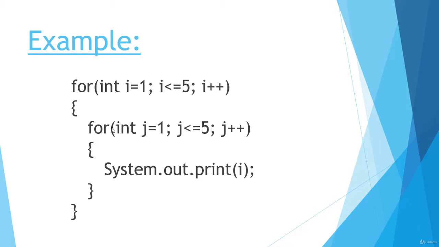And now 2 is less than or equal to 5, it comes again inside the loop and now it is going to print 2 five times. Again it goes back to the outer loop and increments i by 1. Now the value of i becomes 3. Now it comes inside the body of the outer for loop and prints 3 five times on the screen. So in this way the for loops work when we write a for loop within a for loop.